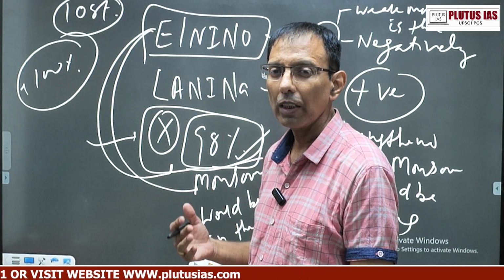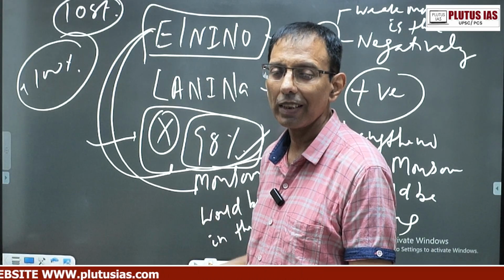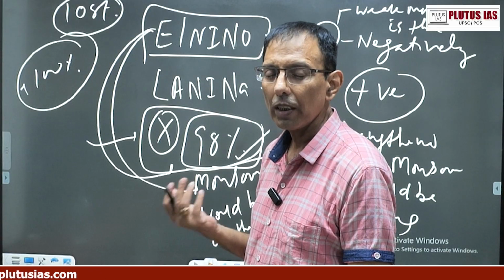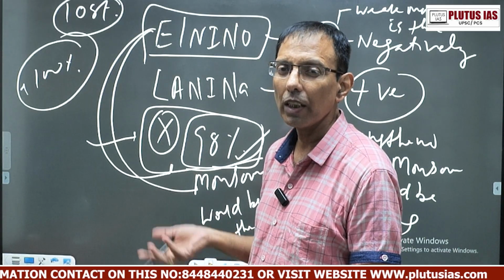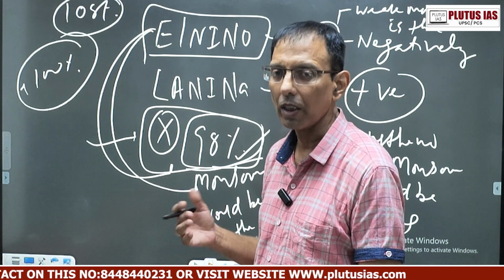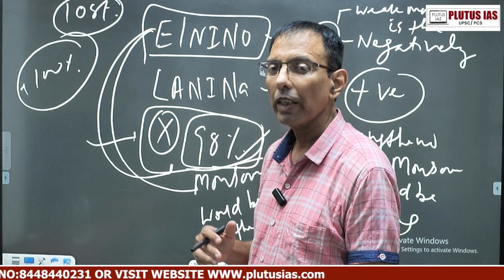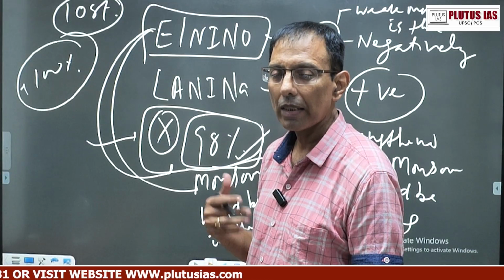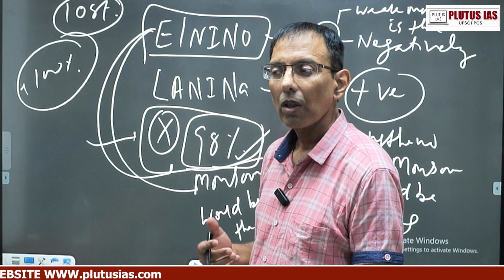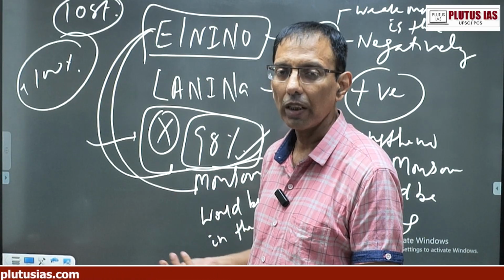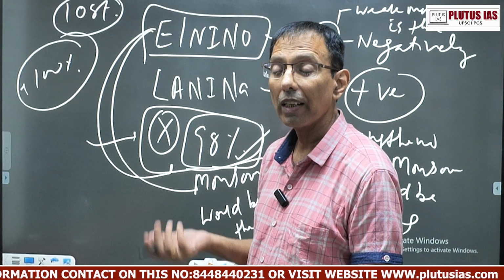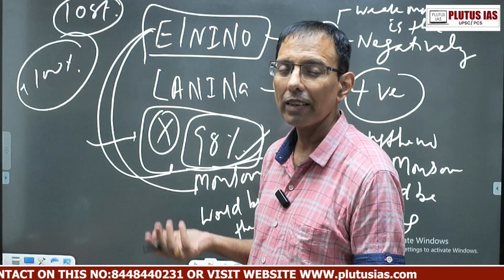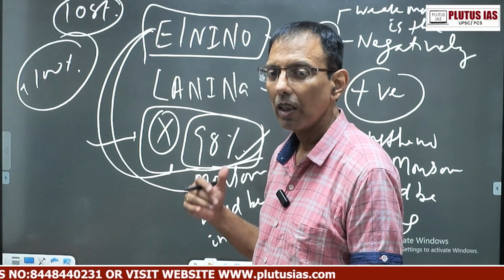So sometimes the Indian Ocean dipole impact is there, which is negating or reducing the impact of the El Nino current. So in the next video, we'll be discussing how IOD, the Indian Ocean dipole, is decreasing or de-intensifying the impact of El Nino.